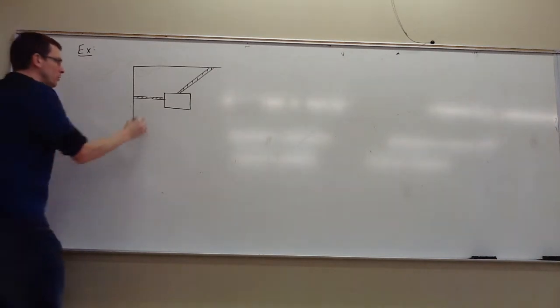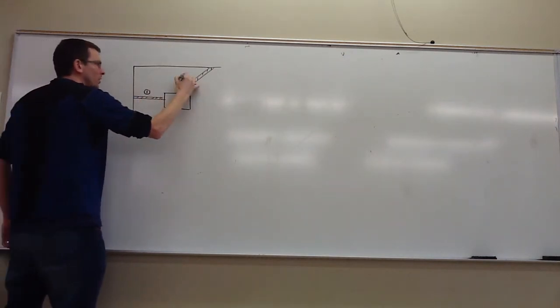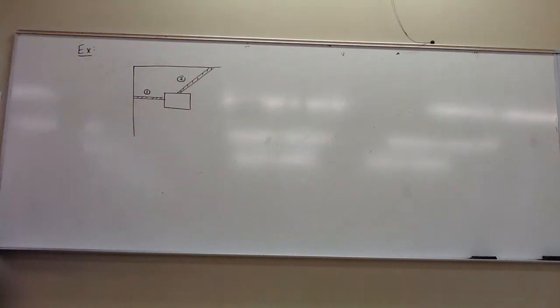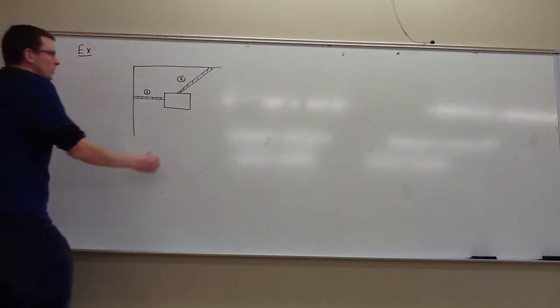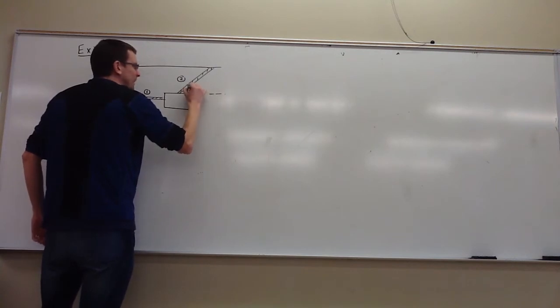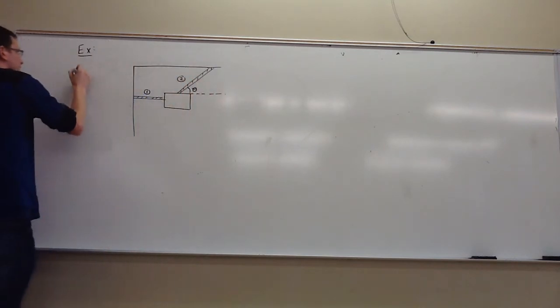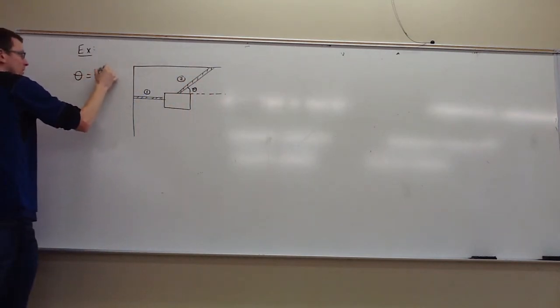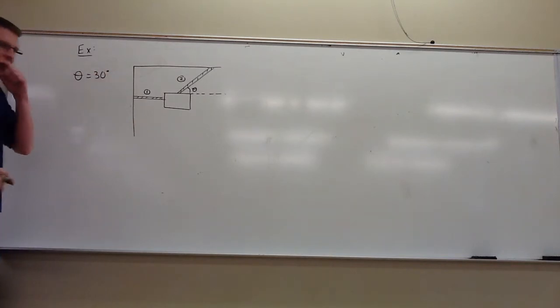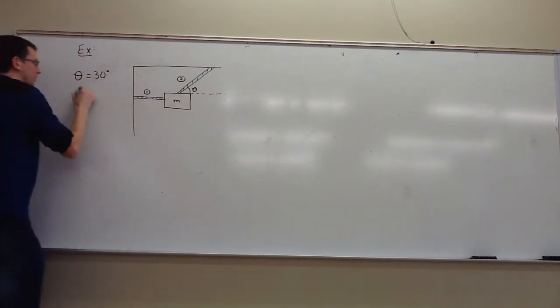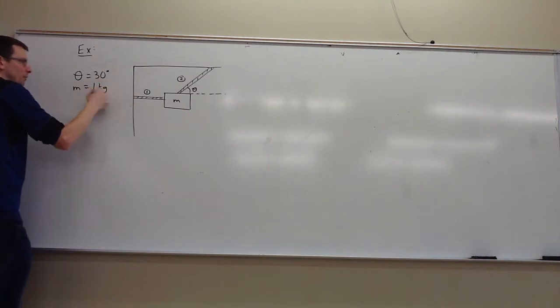So I have 2 ropes, which I'll label 1 and 2. Rope 1 is horizontal to the best of my ability, but rope 2 is going to be diagonal, at an angle theta, and theta is going to be 30 degrees. And also my sign has a mass of 1 kilogram.